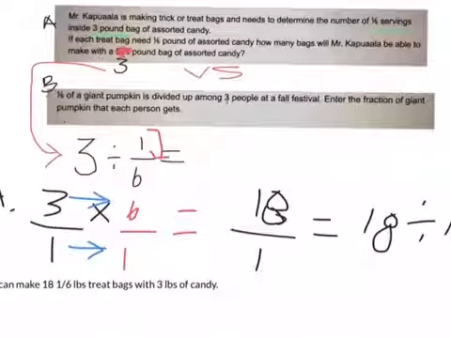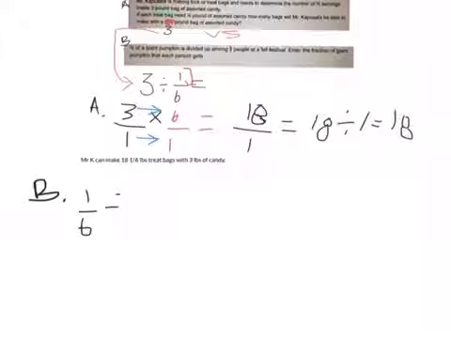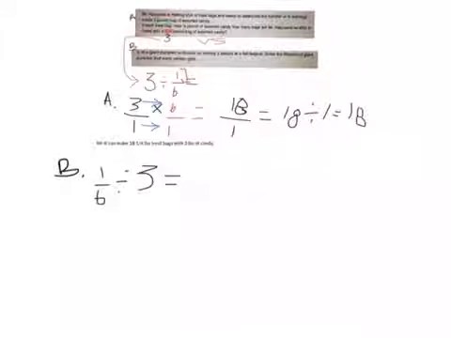So B is 1/6 of a giant pumpkin is divided up among 3 people. Okay? So this is different now. Now your fraction is being divided by your whole number. So when you set that up, you're going to set it up as 1/6 divided by the amount of people, which is 3 people. Okay? And what is that equal to? That's because they are actually dividing out this 1/6.